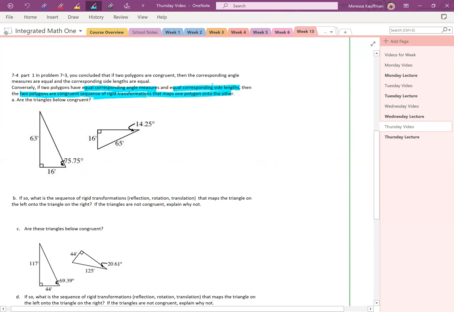So if we took this triangle right here and we were given some information that the side length was 16 and this angle was 75.5 degrees, then if we knew that these two were equal, we could say that the two polygons are congruent because they could map onto each other.